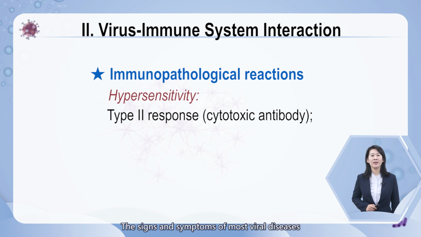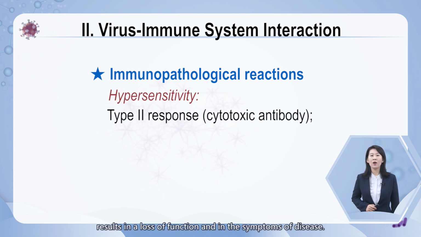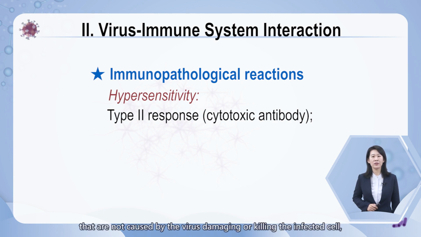The signs and symptoms of most viral diseases undoubtedly are the result of cell killing by virus-induced inhibition of macromolecular synthesis. Death of virus-infected cells results in a loss of function and in the symptoms of disease. However, there are some diseases that are not caused by the virus damaging or killing the infected cell.